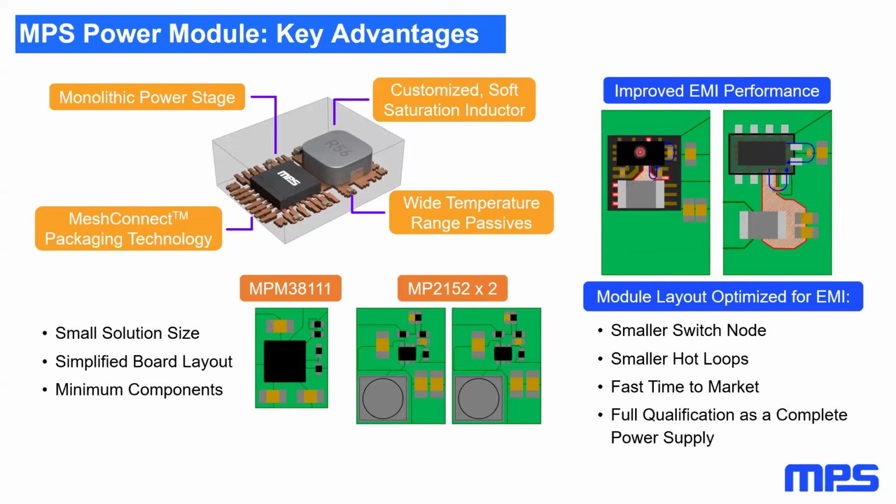By integrating the inductor within the module, we're effectively minimizing the switch node as much as possible, implementing it straight onto the lead frame, and therefore reducing greatly the amount of emissions that come from this. Also, as I said before, we integrate the small input capacitors on some of our modules. This greatly reduces the size of the hot loops, and therefore greatly improves the EMI performance.